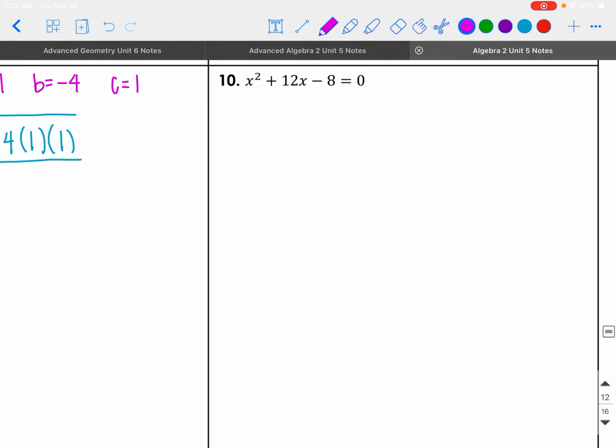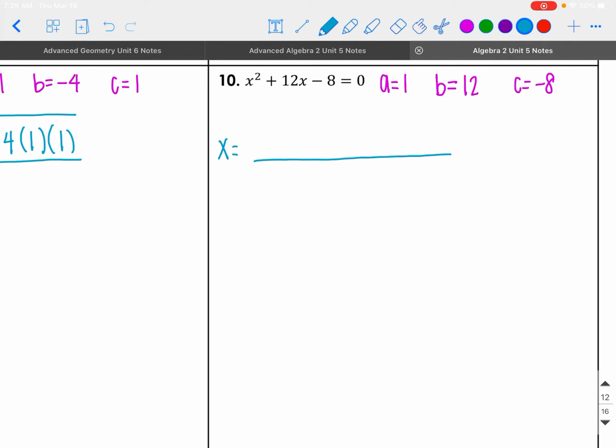All right, and number 10, last one. If you feel comfortable, pause the video, try this one solely on your own, and then check your answer. A equals 1, B equals 12, C equals -8.